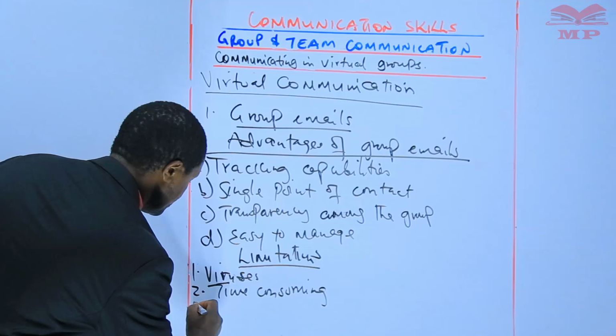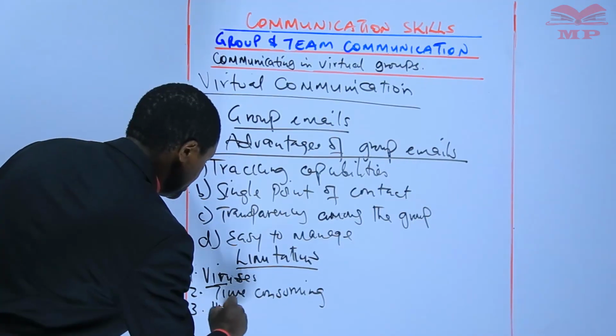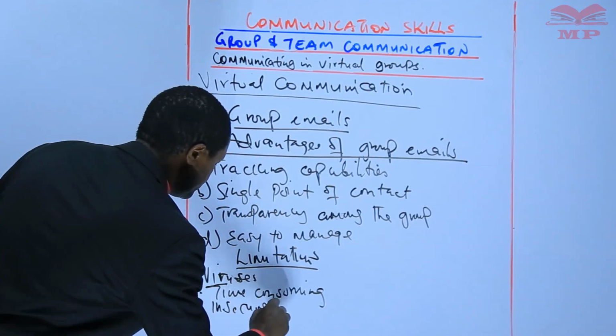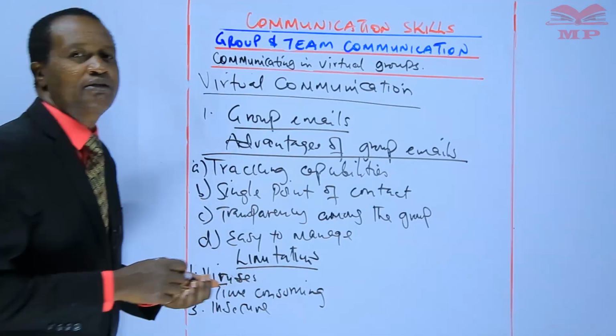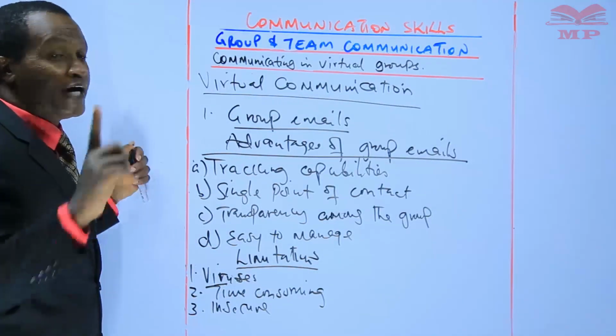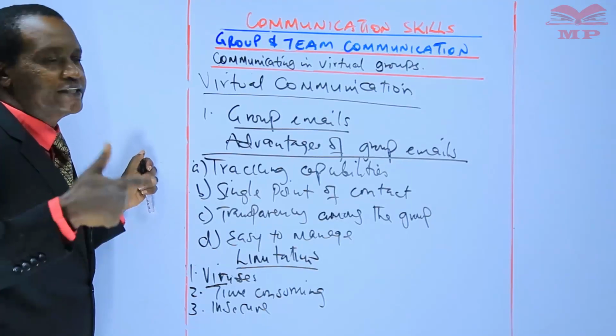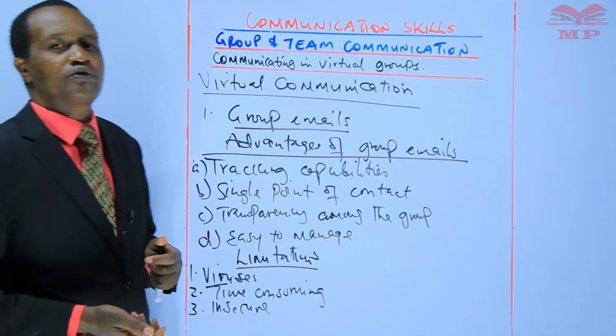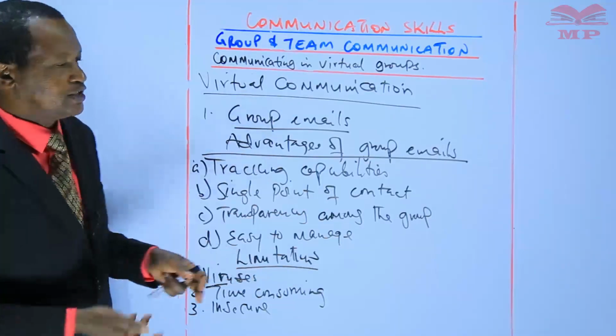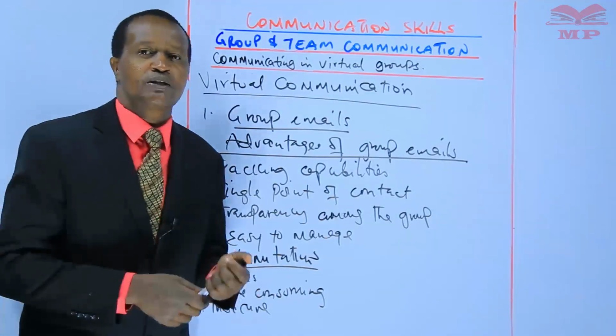The third limitation, group emails are insecure. Now, emails are a common target for hackers who may seek sensitive information, such as financial information, personal messages, and confidential documents.